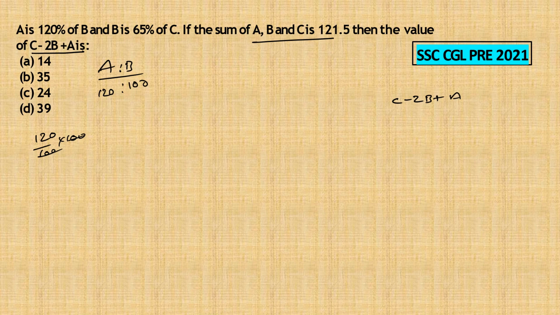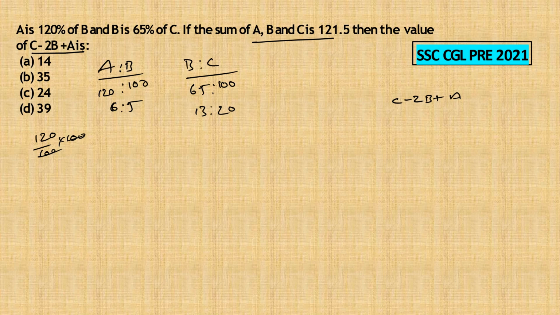You can write 6 is to 5. B is 65% of C. B to C is given as 65% of C, that is C is 100 and it is 65% of C. 13 is to 20.